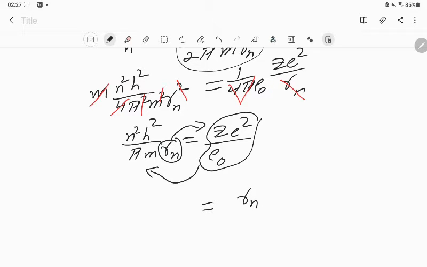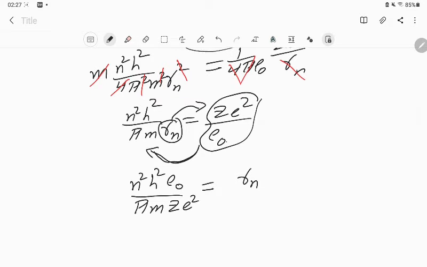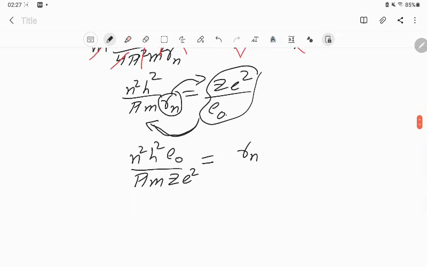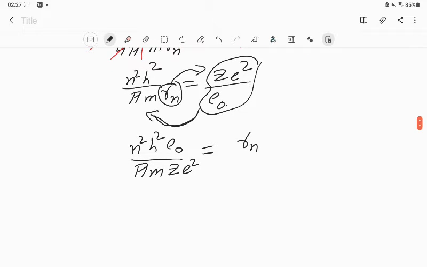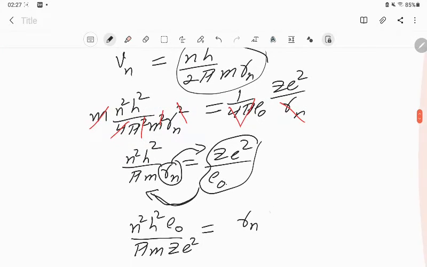Since it is in downside, when it goes to that side it will come in the upside. So n squared h squared. Now epsilon naught, if it transfers to the other side, it will go in the upside, and pi m Z e squared will come downside. So this is r_n, n squared h squared.